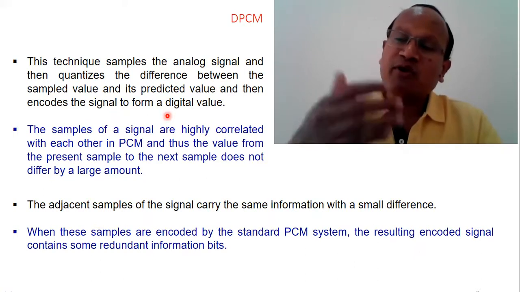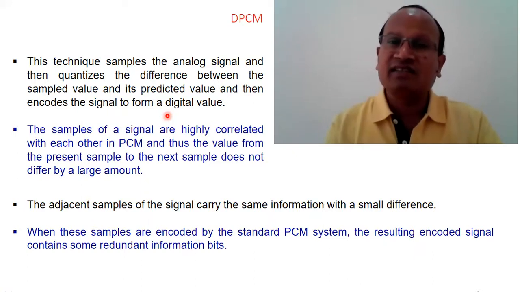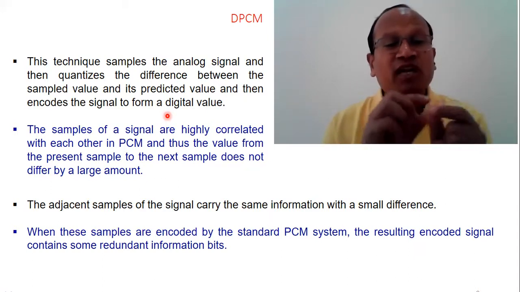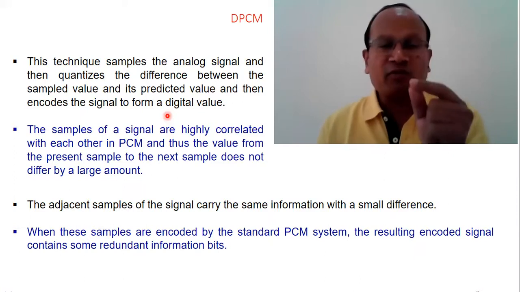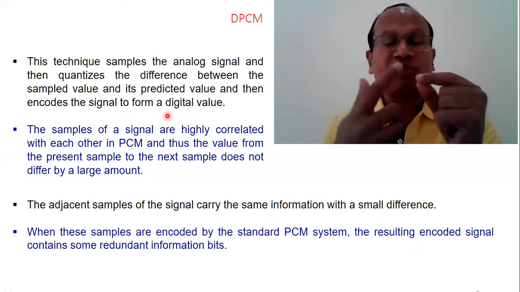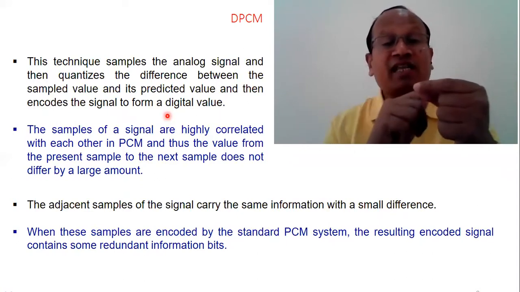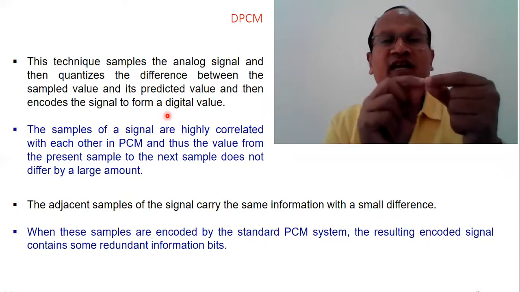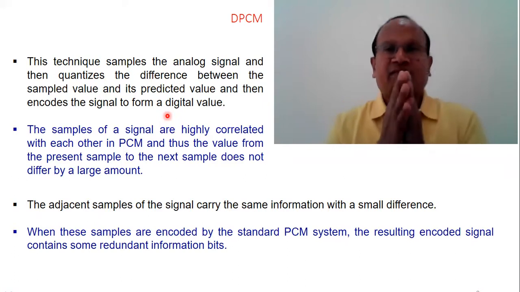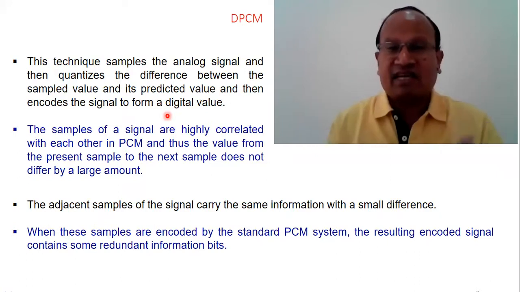But here, before we pass our signal to quantization, we do not pass all the samples. Rather, we pass only the difference between two samples. What do we mean by two samples? The past sample which was communicated, and the incoming signal. Then again there will be an incoming signal and the current sample. So the difference between two neighboring samples is quantized and then encoded.